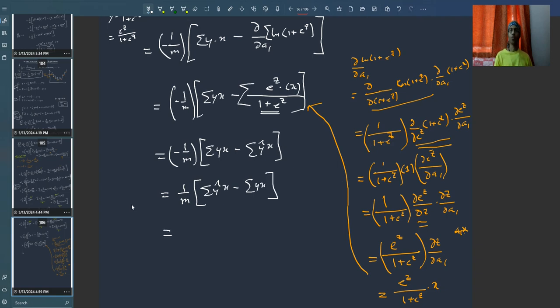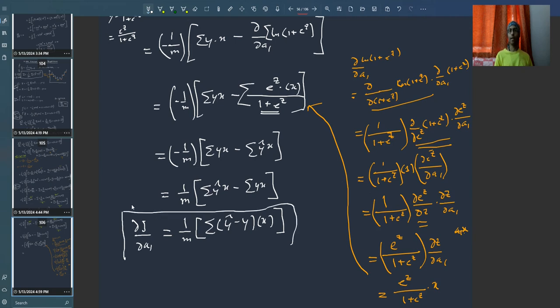This transpires to 1 by m into sum of (y hat minus y) into x. Now we write del j del a1. This is exactly the equation that we had when we deduced the del j del a1 for our linear regression also, friends.